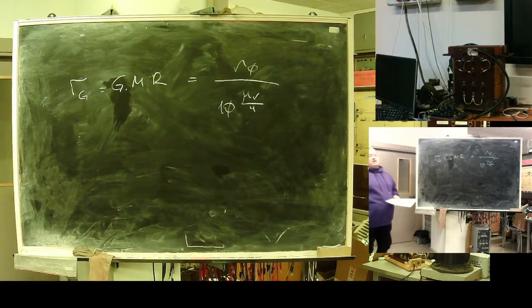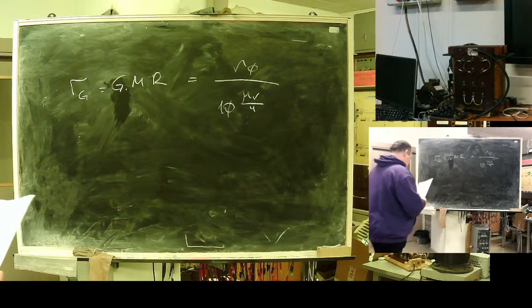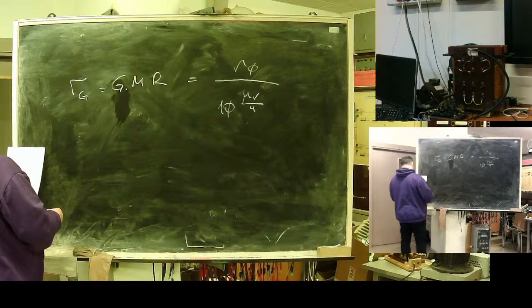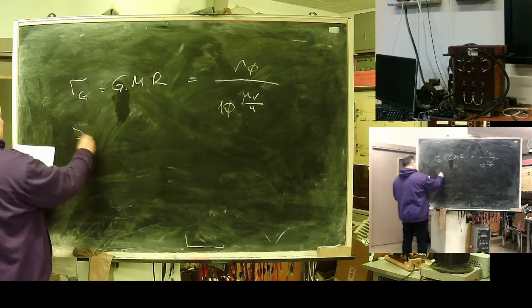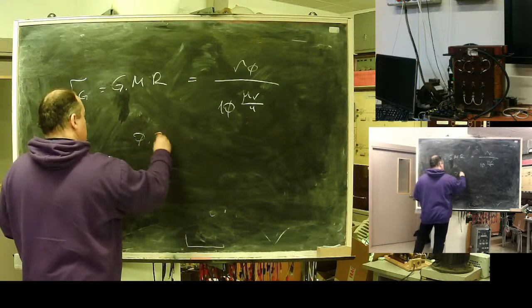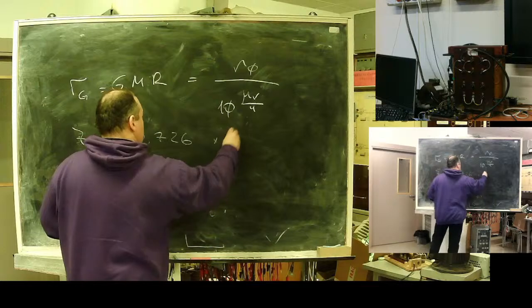For multi-conductor wires, multi-strand wires, approximately for 7 strands, it will be 0.726 multiplied by R0.